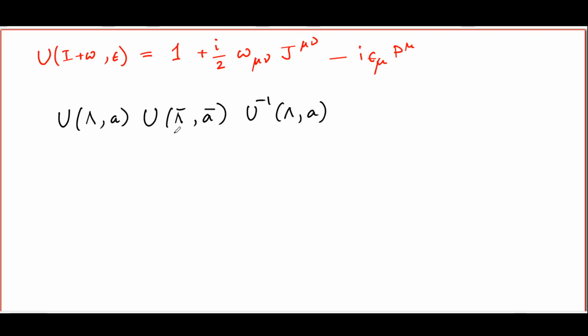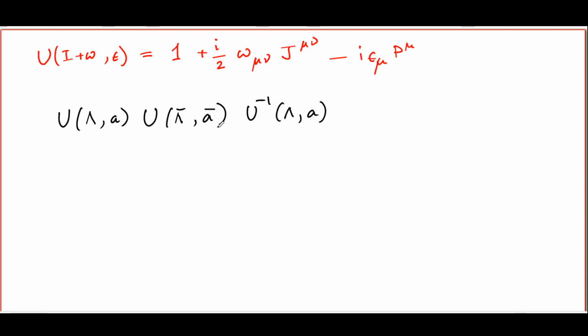In particular, what he is going to do is replace the U lambda bar A bar in the middle here by an infinitesimal Lorentz transformation, and using that investigate exactly how the generators J mu nu and P mu are going to change under Lorentz transformations.